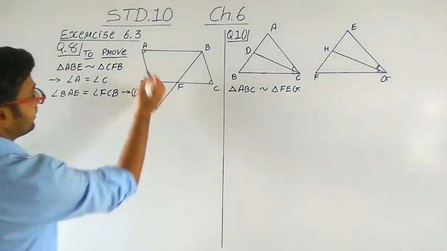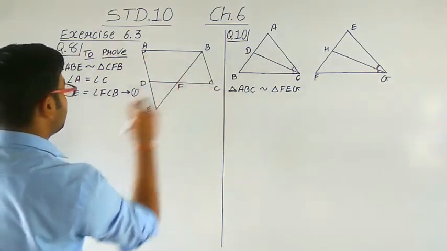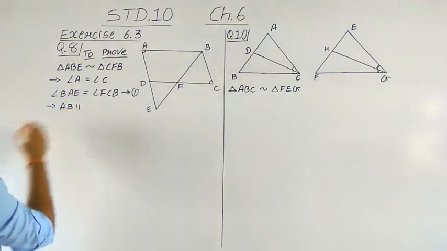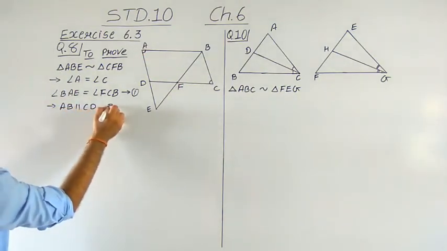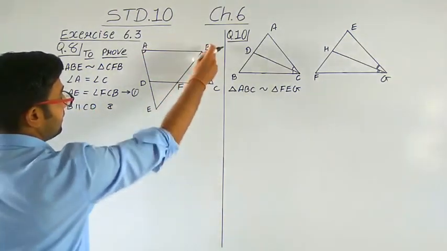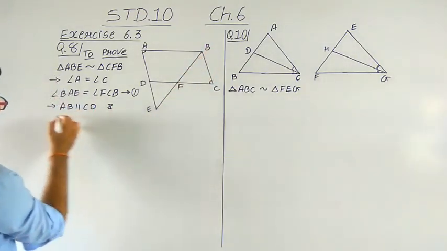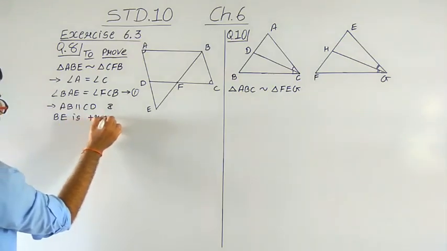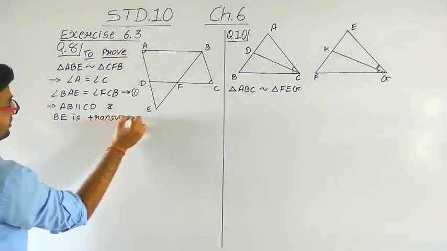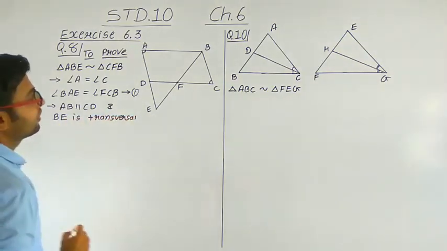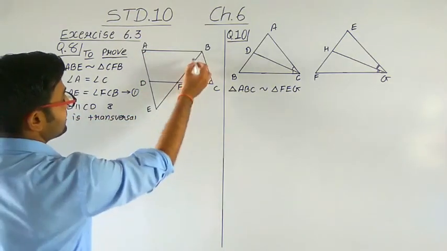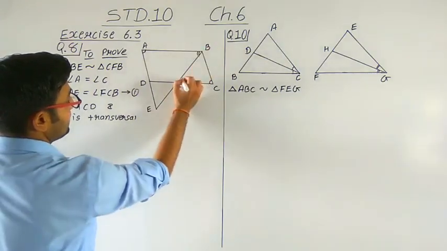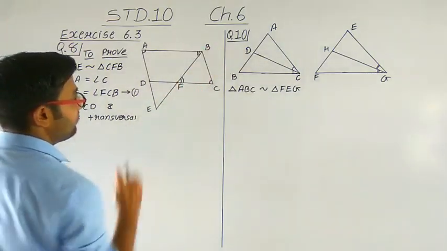See, we can take that AB and CD are parallel. We can write that AB is parallel to CD, and if we consider BE as a transversal, then what will happen? A Z is formed here, see, right? So this angle and this angle will be equal.